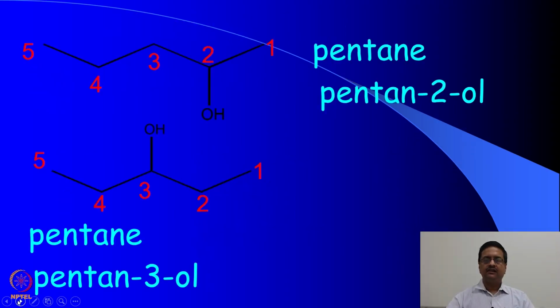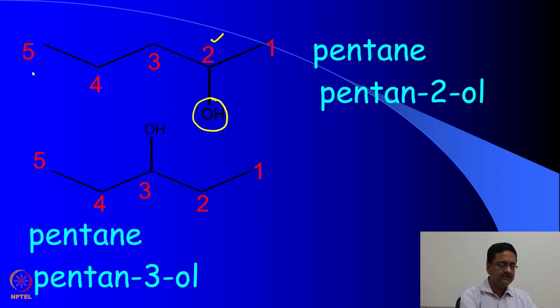So, when we try to now name these molecules, we first try to identify the long chain as usual and try to identify the position of the OH group, getting the lowest number. So, that is why we did not start numbering from the left side, rather we started numbering from the right hand side and made it pentan-2-ol.